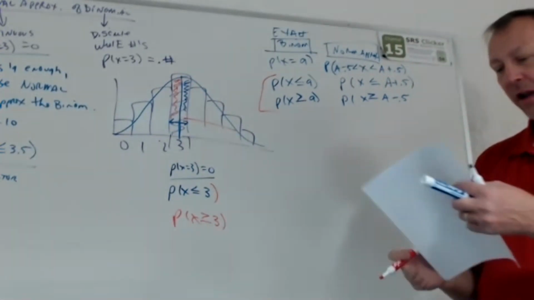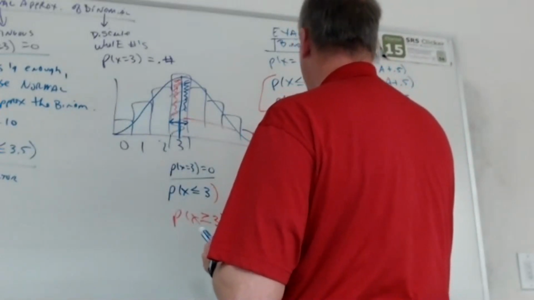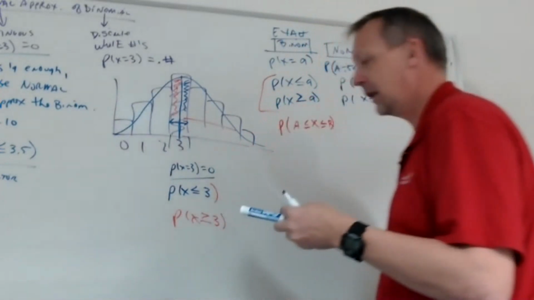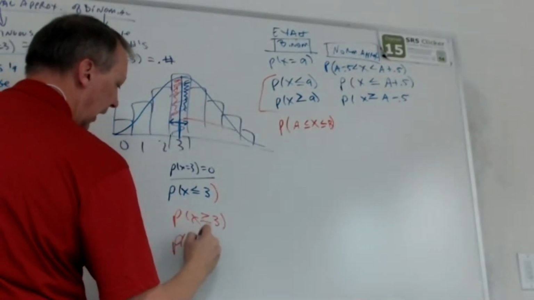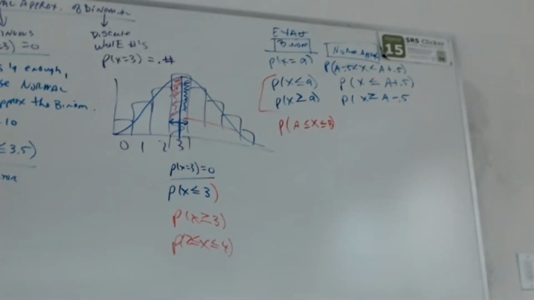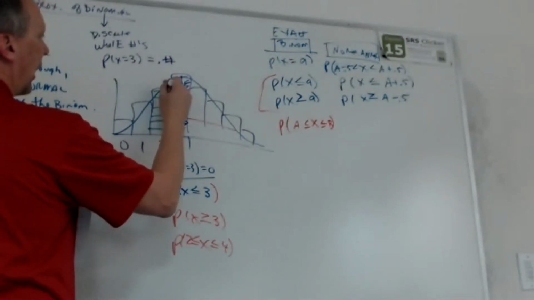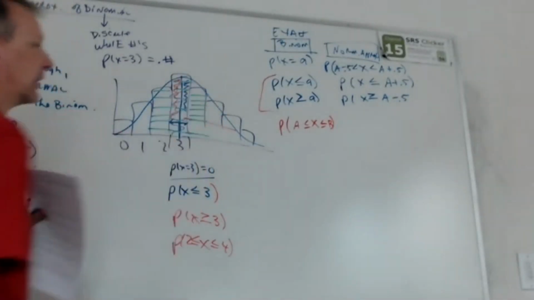Okay? Now, finally, if I want the probability that x is between a and b, okay? So let's say the probability that x is between 2 and 4, okay? If it's between 2 and 4, as I pull out another color here, I want 2, I want the 3, and I want the 4 in this case.